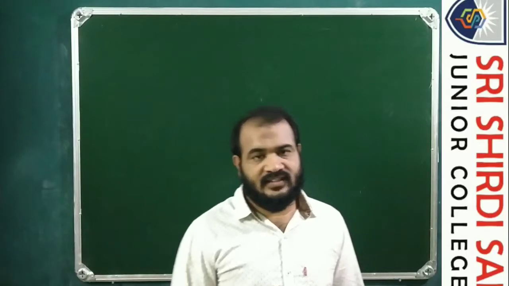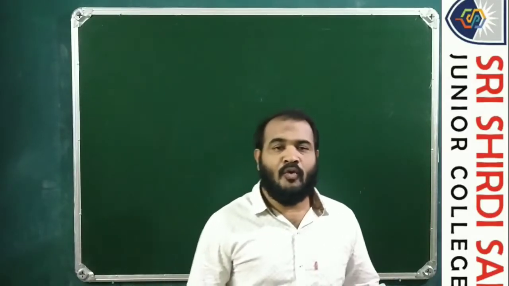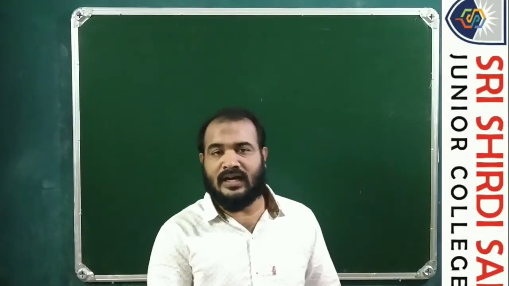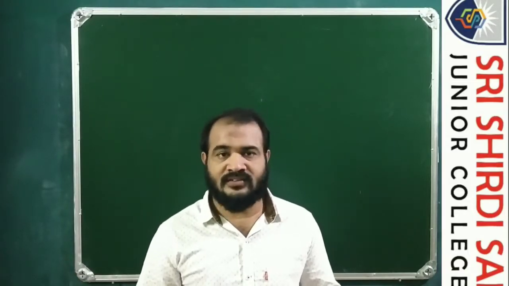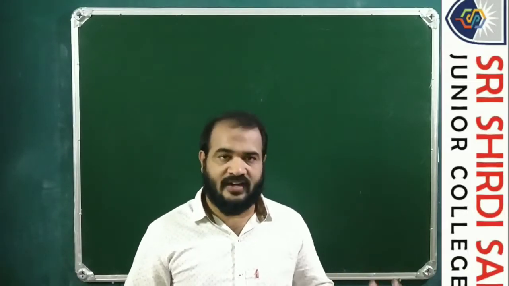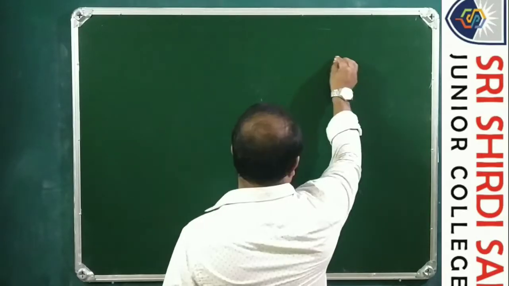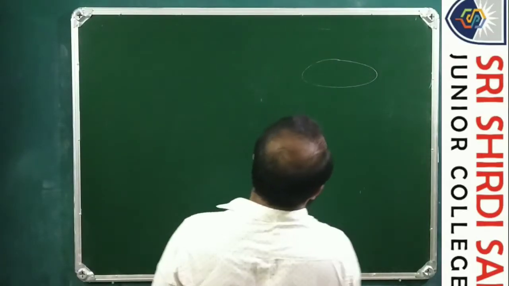Now let us discuss the point of intersection of the ellipse and the straight line in a plane. That is the relative position of a straight line with respect to an ellipse. Let us suppose that this is our ellipse.